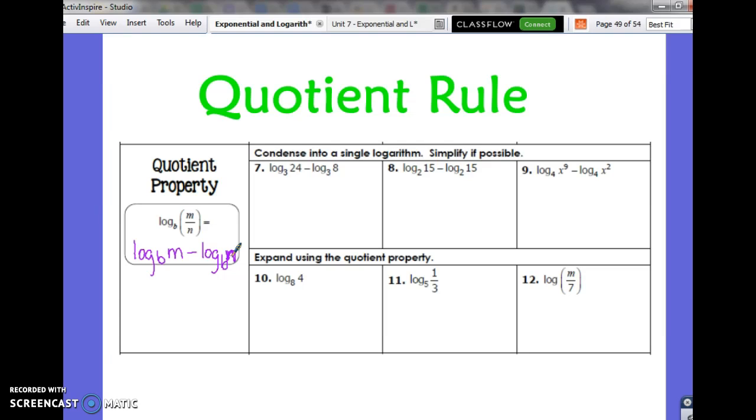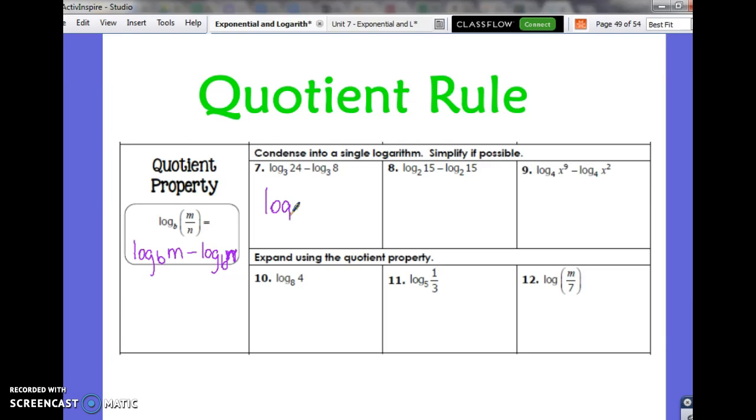So when your instructions tell you to condense into a single logarithm, you're kind of using this property in reverse. You currently have two logarithms, and you want to go to where you just have a single log. So you're going to take those that are being subtracted and condense them using division.